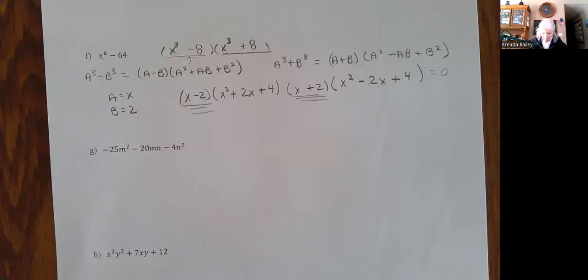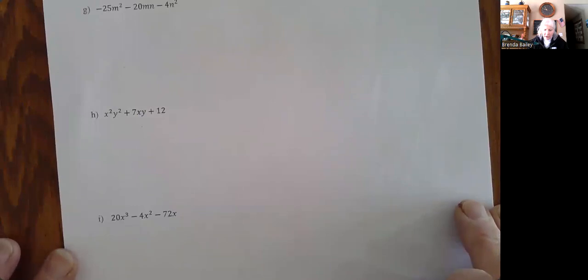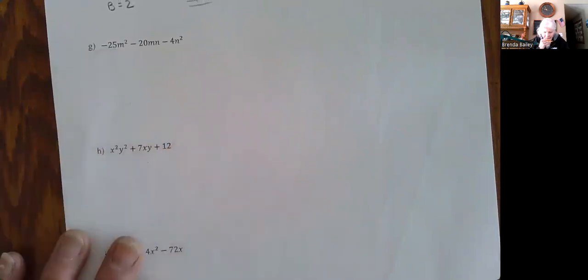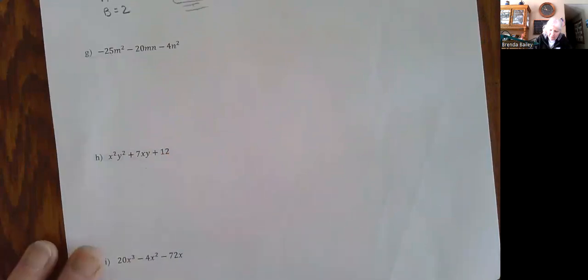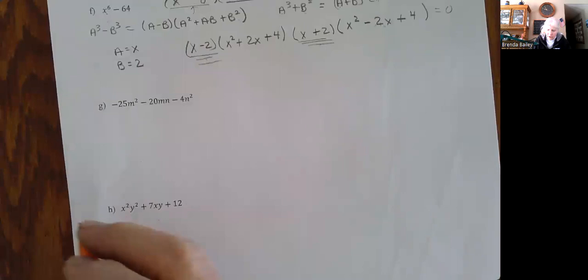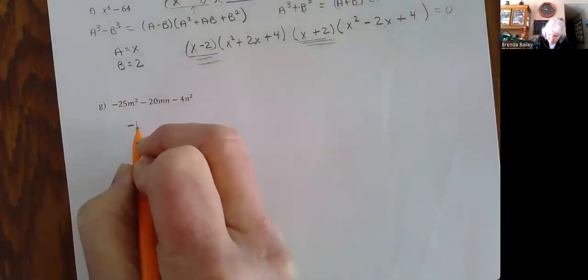Let's see. We're going to skip over to H because of G and H. G, just make sure you take out a minus. Well, no, you can't take out anything there, other than just a -1 to make those positive. Let's go ahead and try it. You can skip it if you think you got it. So we have a -1, or just a minus.